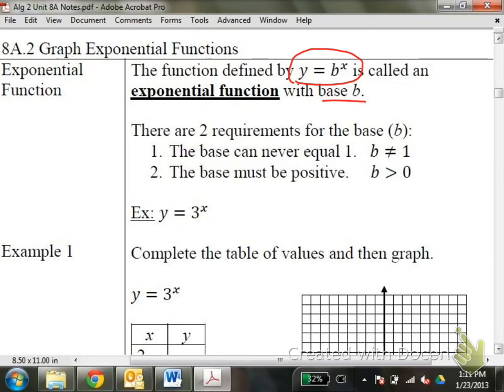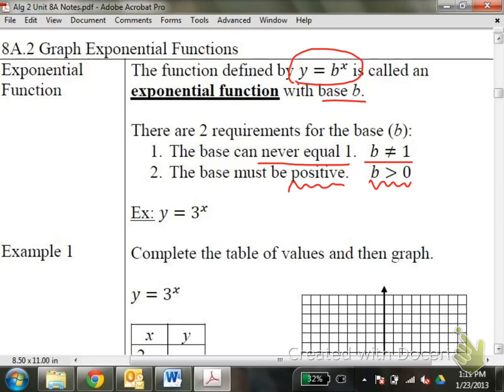Now, there are two requirements. Number one requirement is the base can never equal 1. So b cannot equal 1. Okay? The base must also be positive. So the base must be greater than 0. Now that does not mean that your base cannot be a fraction.